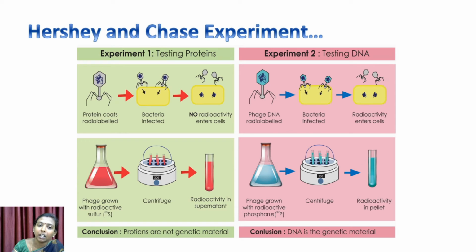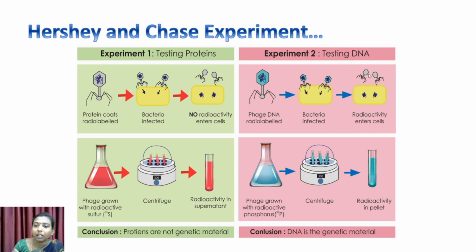Because here the protein is radio labeled, and this is not the hereditary material as we now know, it is not transferred from the bacteriophage to the E. coli, and so no radioactivity enters the cells, and no radioactivity can be detected in the cells which settle down in the pellet.